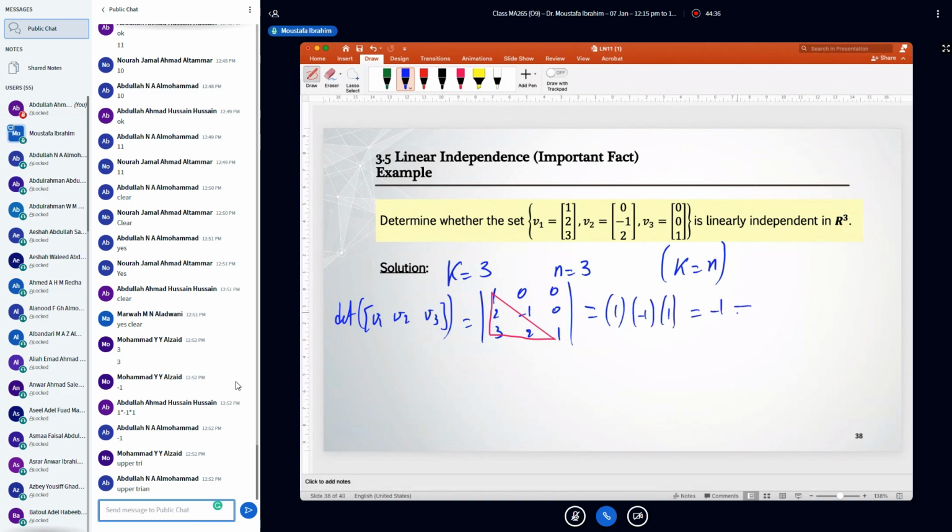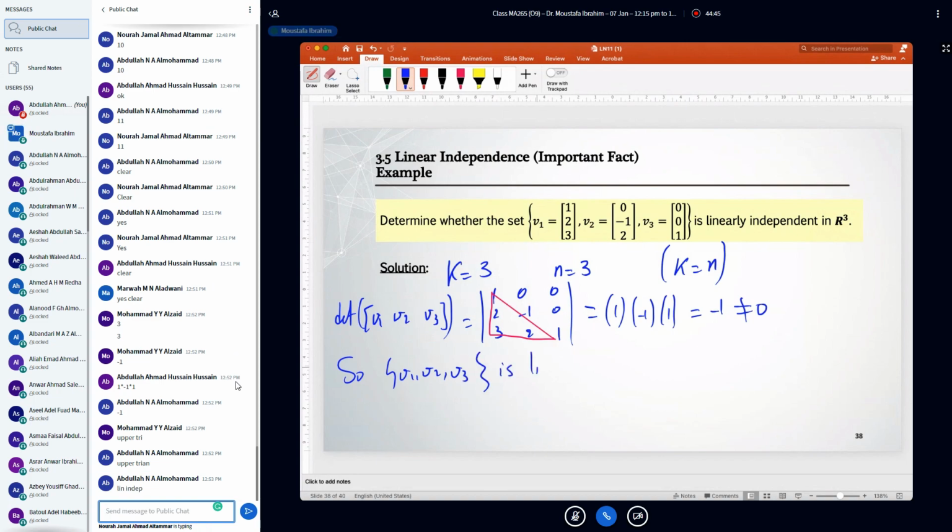So we get minus 1, different than 0. So v1, v2, v3, is it linearly dependent or independent? Independent. So you see, look, it takes 5 seconds in R3 here. Too simple. Any question, guys?